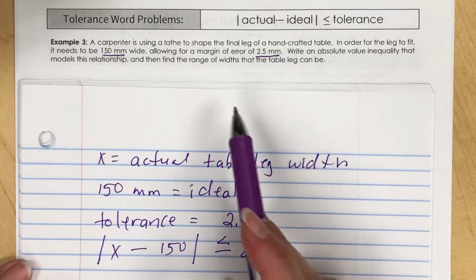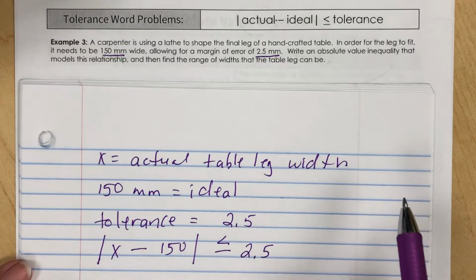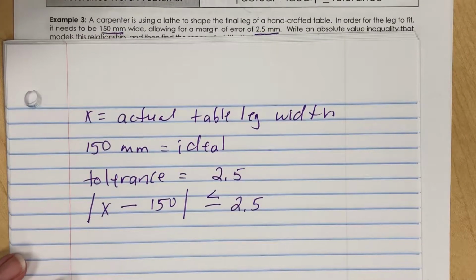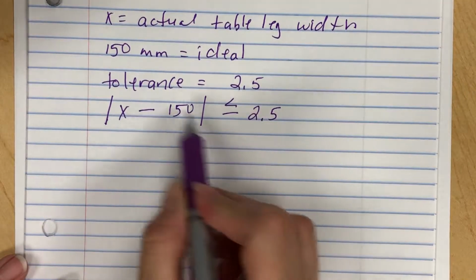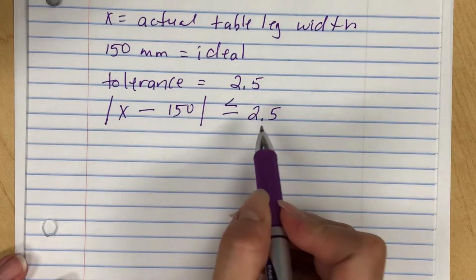Then they ask us to find the range of widths that the table leg can be. To get that, we're going to apply what we know about absolute value inequalities. This is an absolute value less than a constant.